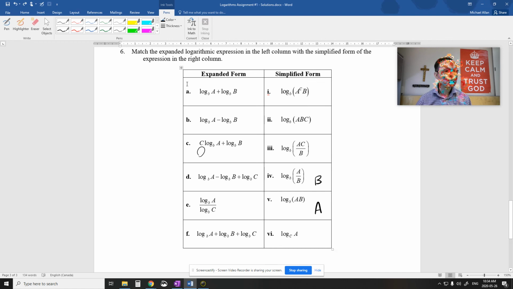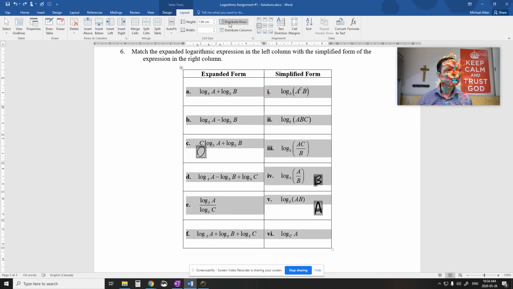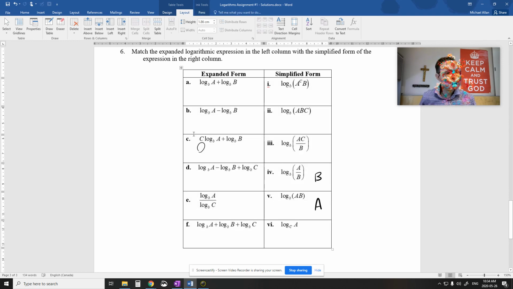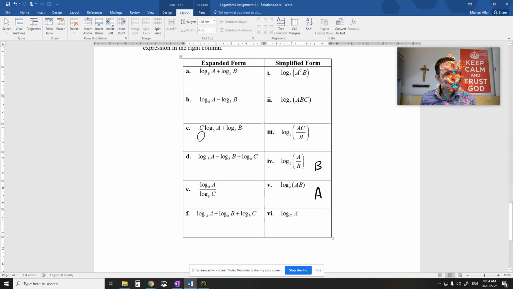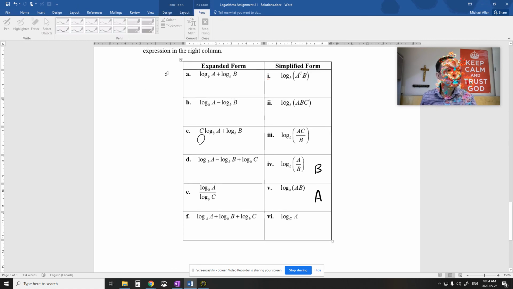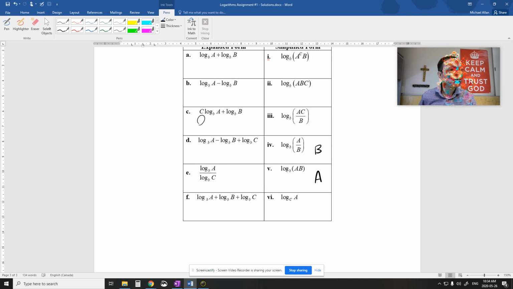To fix it, I just have to change the way it looks here. Okay. I want to go pen. How can I do that? There we go. Pen, delete. Let's get rid of that there. So this exponent here is going to go up here.